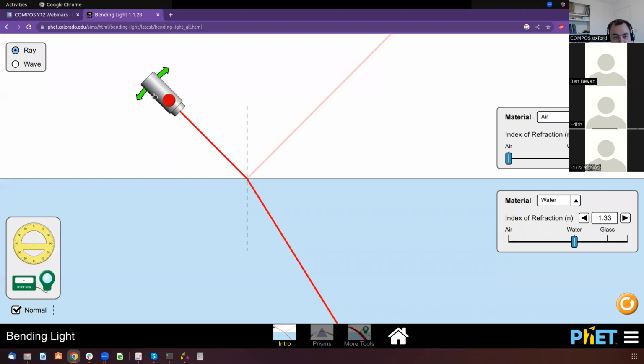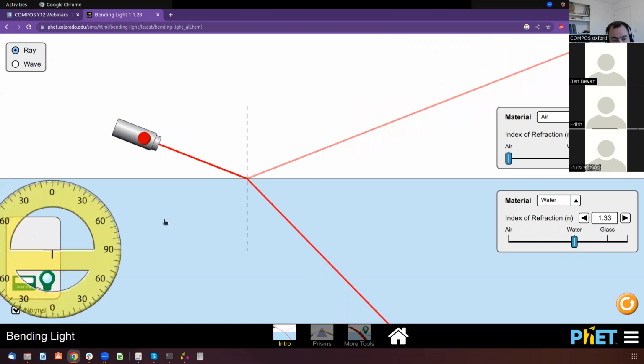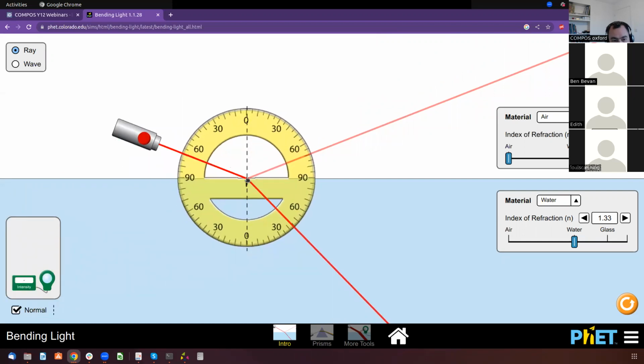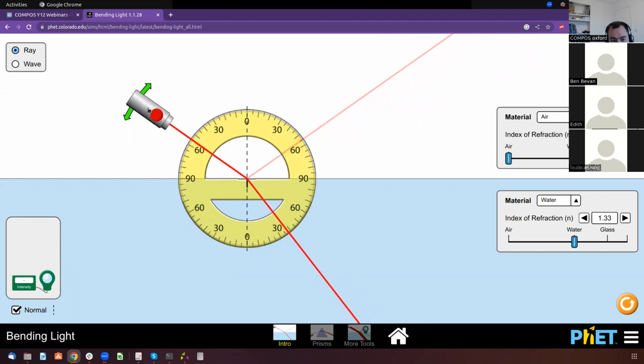So you have a ray of light, and the angle between the refracted ray and the reflected ray is 90 degrees.